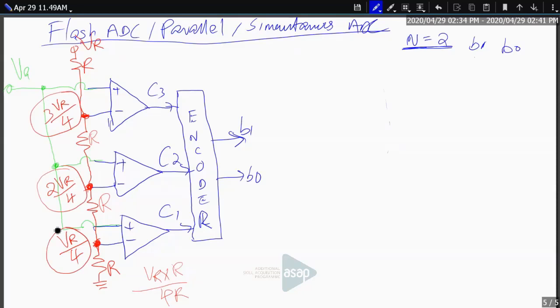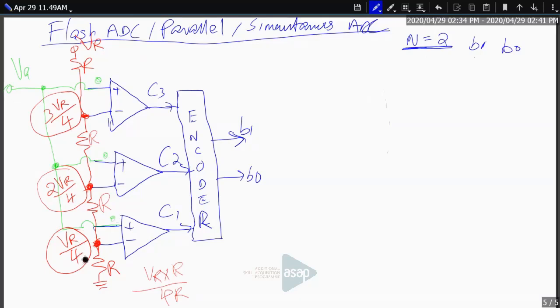Therefore, the voltage at the inverting terminal of comparator 1 is total voltage VR into the value of this resistor, because the voltage at this inverting terminal with respect to ground is the voltage across this R. Therefore, R divided by the total resistance.